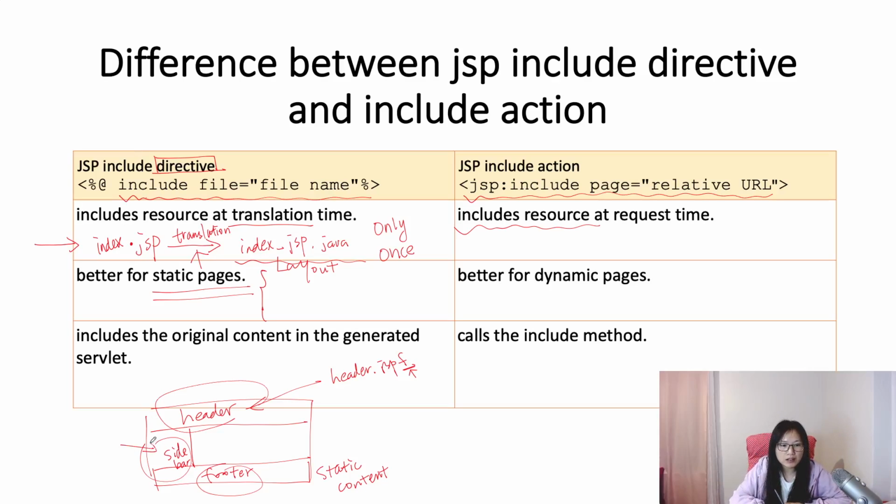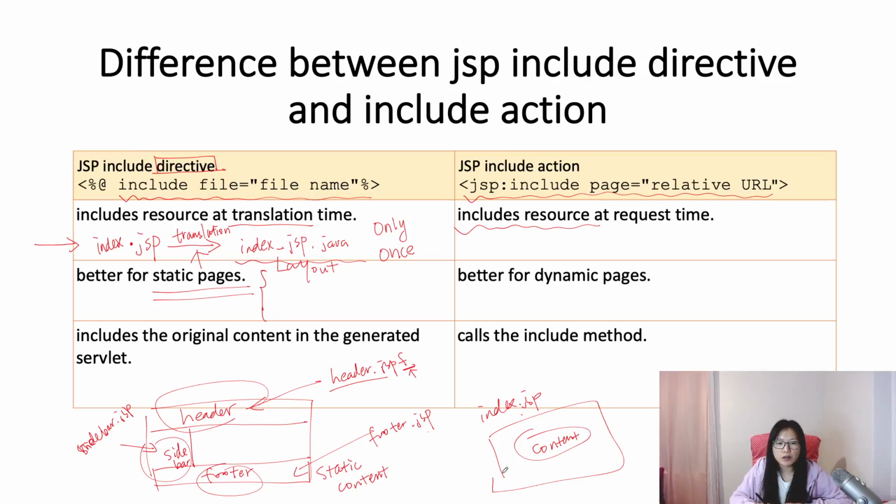And this one we can call menu or sidebar.jsp, and another one called footer.jsp. In our index.jsp, we combine them together using include header, include sidebar, and include footer. And we have the center, which is the actual content, inside a JSP.